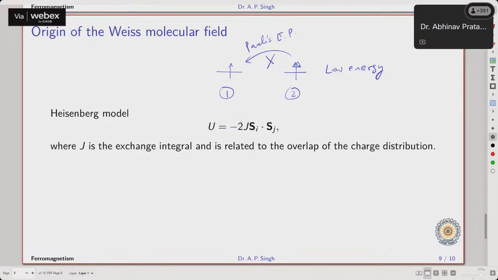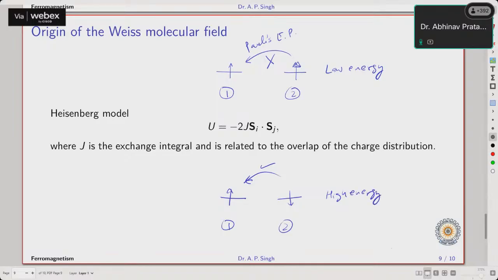Let us look at the second situation where the spins are anti-parallel to each other. Again, let us call these site number 1 and site number 2. Now, is this possible? Yes, it is possible. But if they do get transferred, it will increase the energy of the system, and therefore this becomes a high energy system.